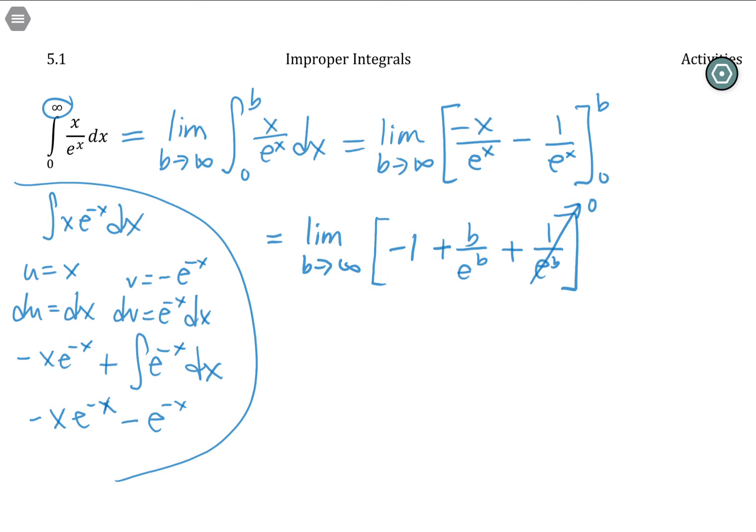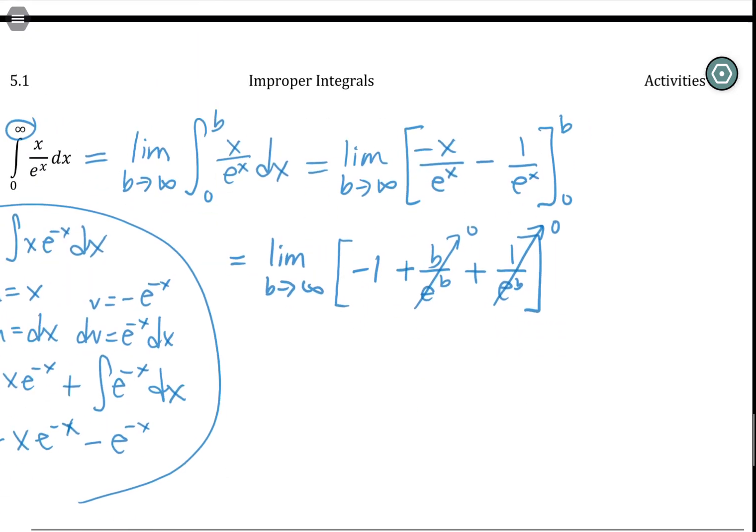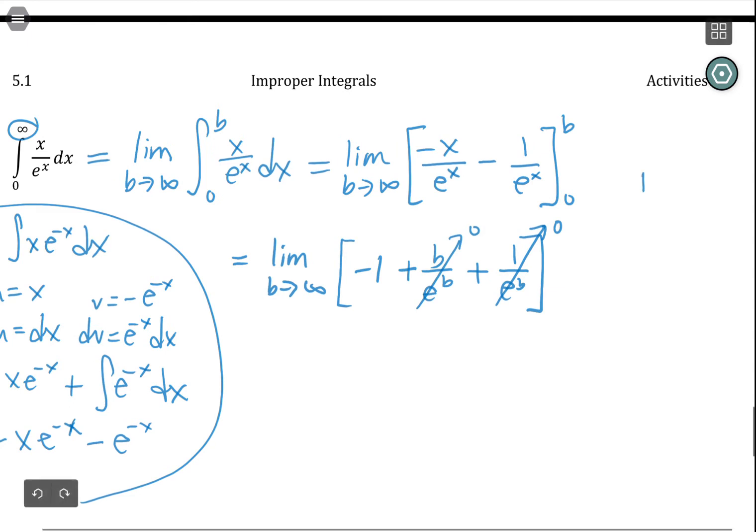Okay, so again, if you're paying attention, I think it's fair to just say that goes to 0 because e to the b is going to grow so much more quickly. But if you don't spot that, you can use L'Hopital on that. b over e to the b as b goes to infinity would equal, since it's infinity over infinity, derivative of the top over derivative of the bottom, and there you should be able to see the 0.